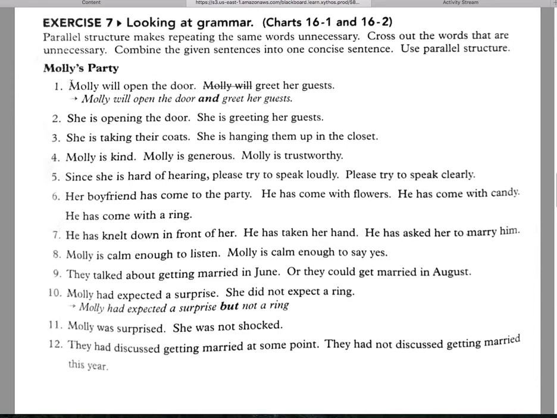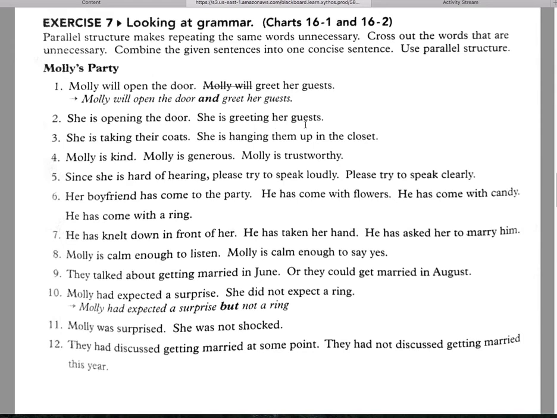So number 1, Molly will open the door. Molly will greet her guests. So you have Molly will open the door, conjunction and greet her guests. Because you have open and greet. Okay? Let's do number 2 together. She is opening the door.